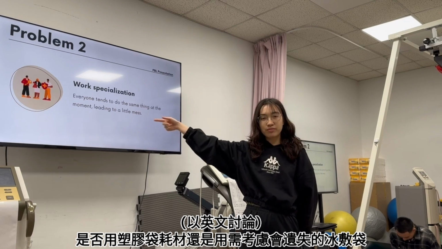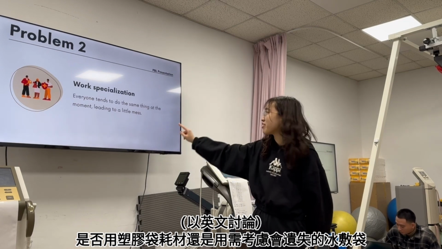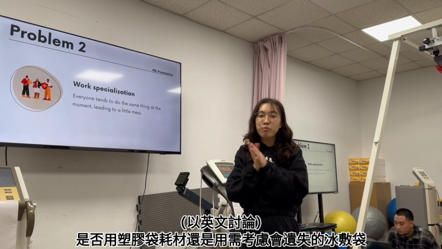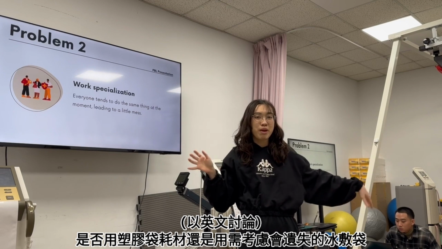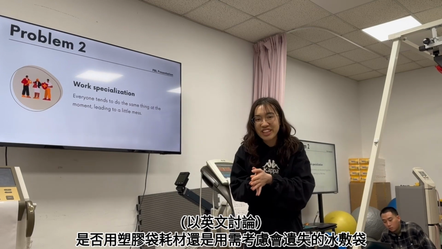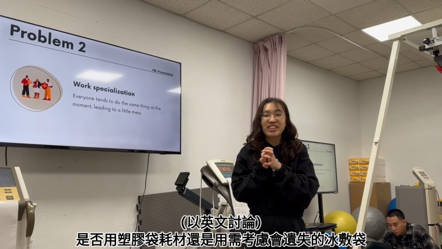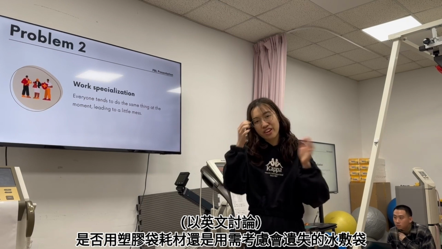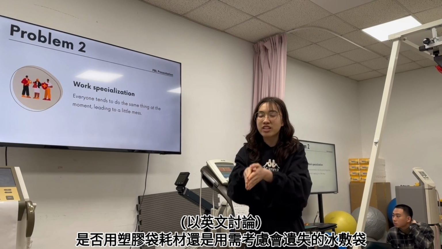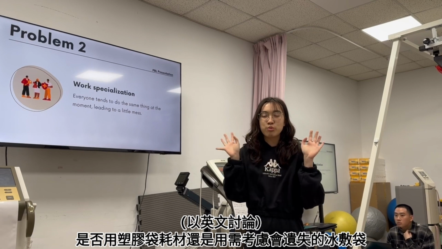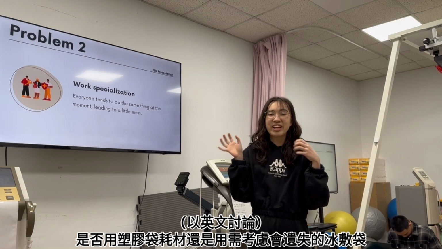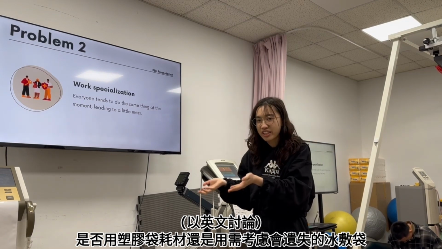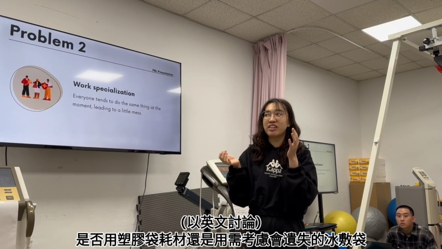During our internship we found that at one moment each member will do the same thing, and maybe there are other things we can do for additional help, but we just focus on one thing, and it makes the effectiveness of our assistance decrease a little.